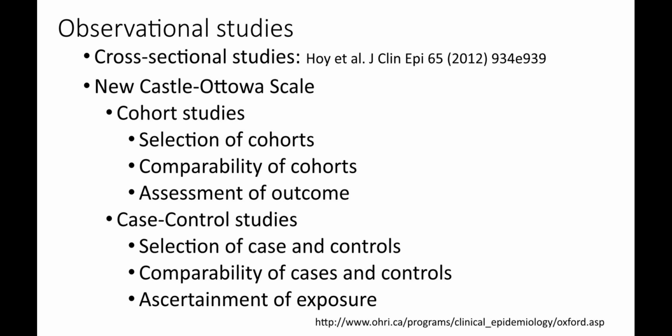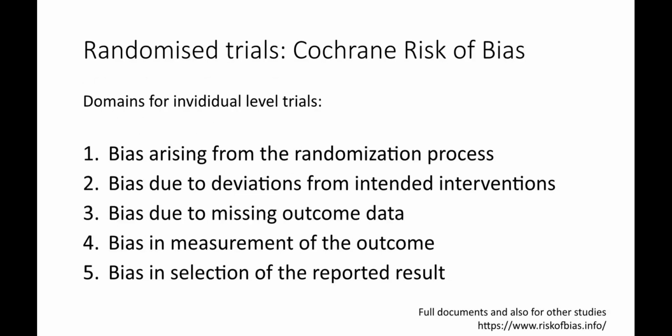And so the criteria that you mentioned here are the ones that are checked by the Newcastle-Ottawa scale. To give you an example, when you assess the quality of a cohort study, they will see how the cohorts are selected, how the cohorts were comparable, how the outcomes were assessed. For the case control studies, they will look at how the cases match to the controls, how the exposure was assessed, and all of that. There are other criteria and more detailed questions below them.